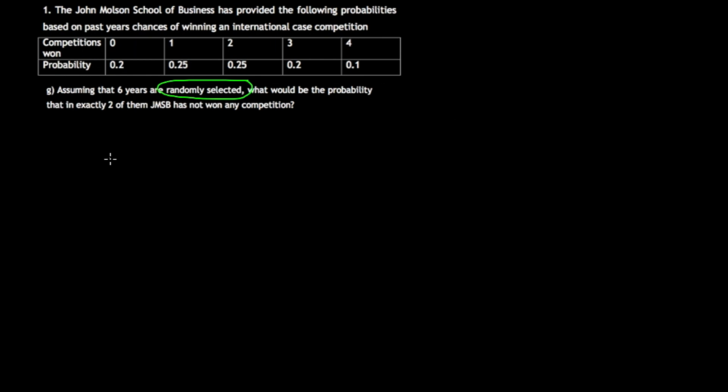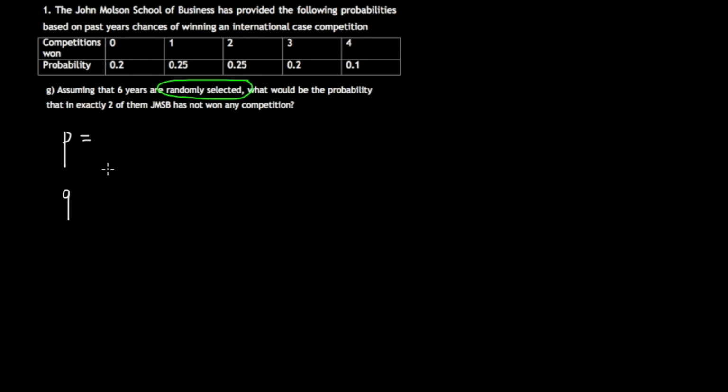Binomial, by definition, bi means there are only 2 outcomes, and so there are only 2 probabilities, which are complements of one another. So the way binomial is structured is we'll have a P and a Q, okay?